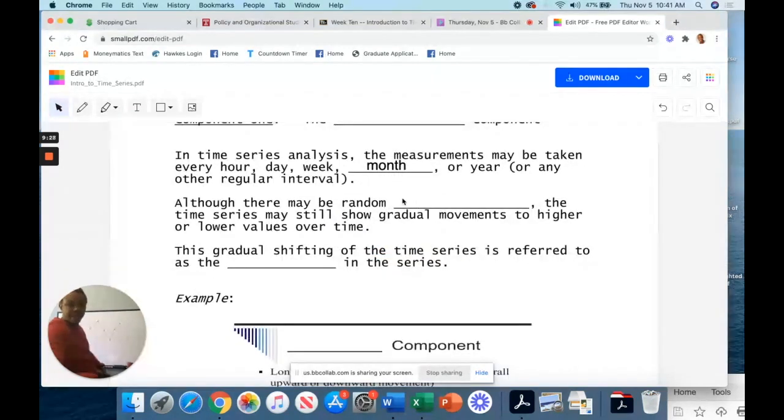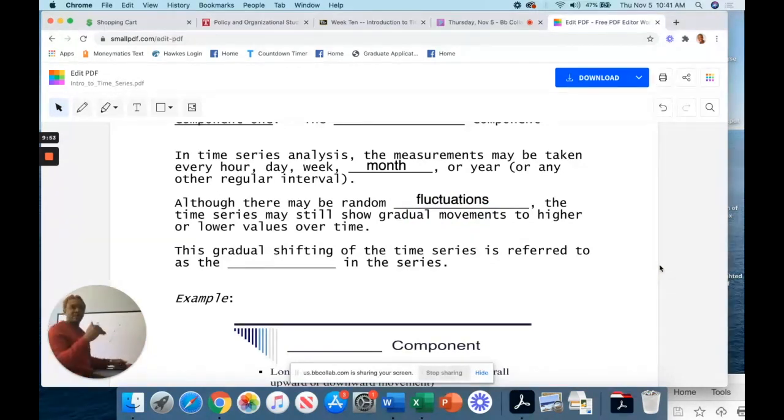Although there may be random fluctuations, this is probably better here too, because you don't have to worry about my chicken scratch in terms of handwriting. Random fluctuations. The time series may still show gradual improvements to higher or lower values over time, right?